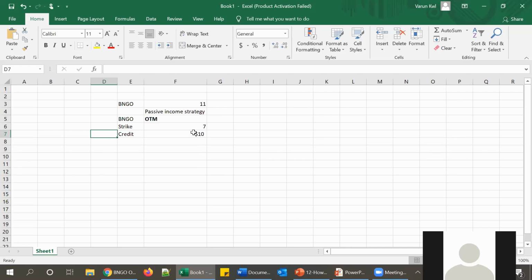So you are a seller of a put. Bingo is a good example, right, guys? So buyer of a put, buy put bingo for $11. So let's say if you are a buyer of a put for bingo, what do you expect?